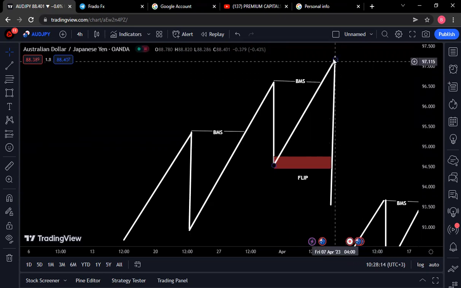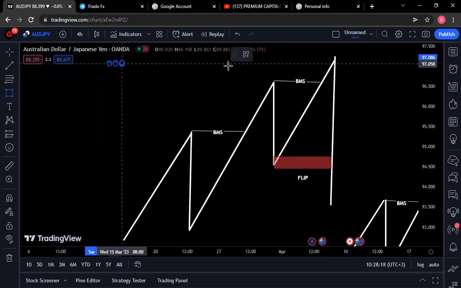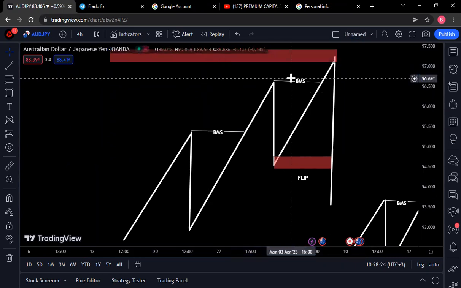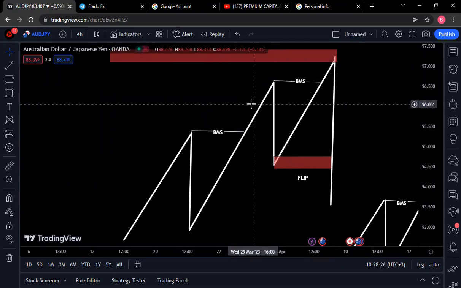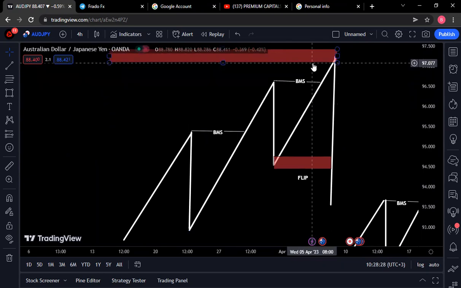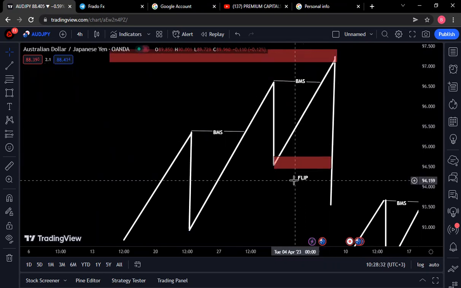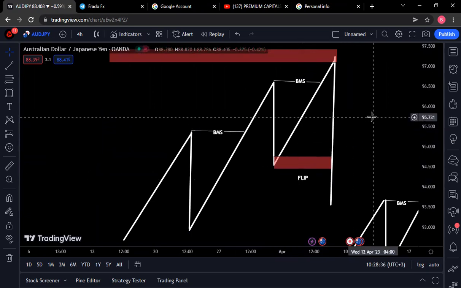Remember, this point here must be a point where price was just trying to pass and it made a very strong supply. That is something very important. So when you see this followed by a FLIP, that means we're going to have more sellers in the market. Sellers are going to be stronger. So this is the FLIP.